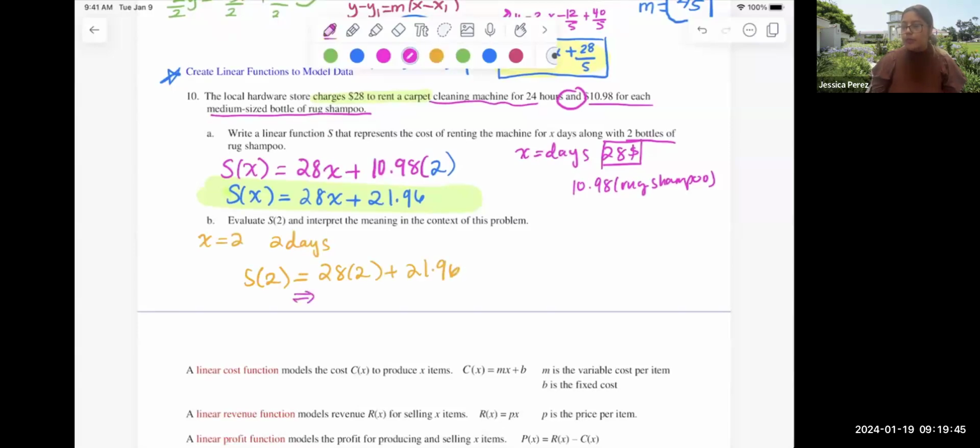So 28 times 2, that's 56. So 56 plus 21.96 gives me a total of 77.96. What does this represent? This represents the cost.